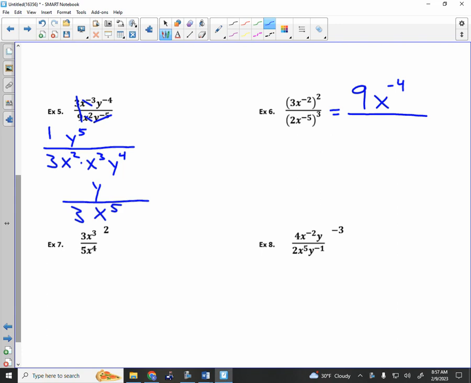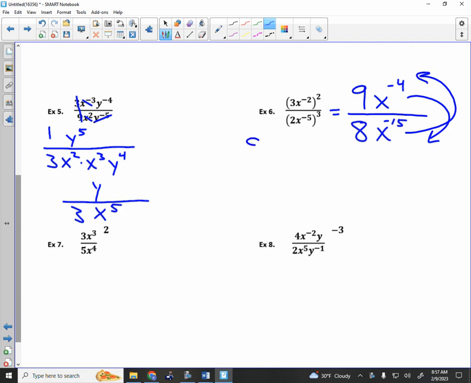In the bottom, I have 2 to the third, and 2 to the third is 2 times 2 times 2. 8. X to the negative 15. Now, I don't want to have these negative exponents, so I can move the x to the negative fourth down here, and I can move the x to the negative 15th up here.